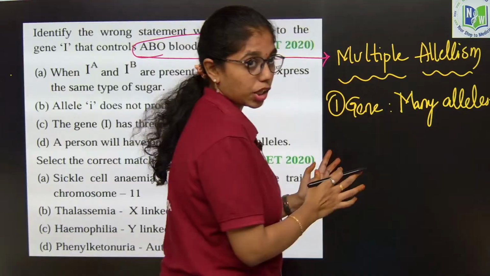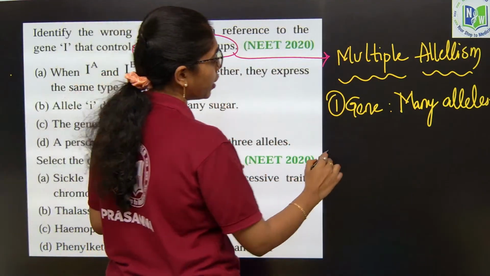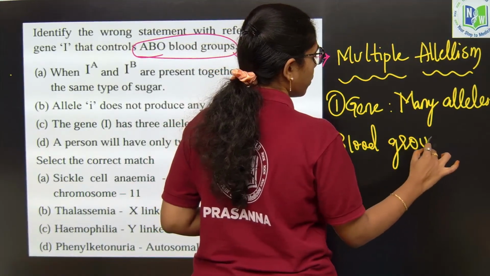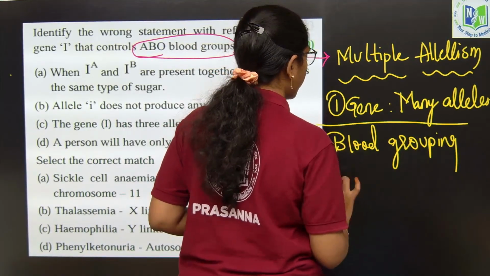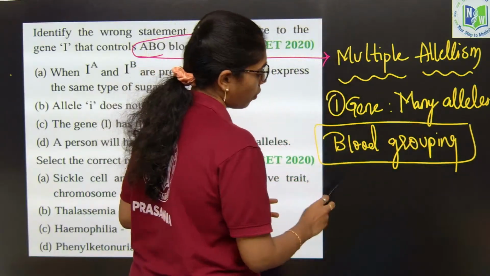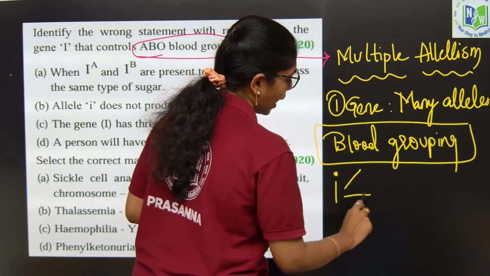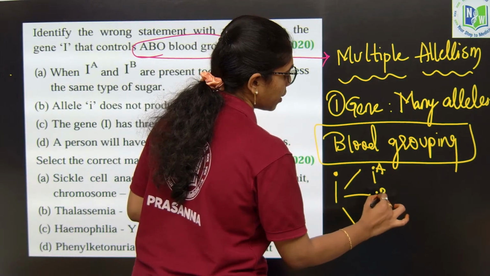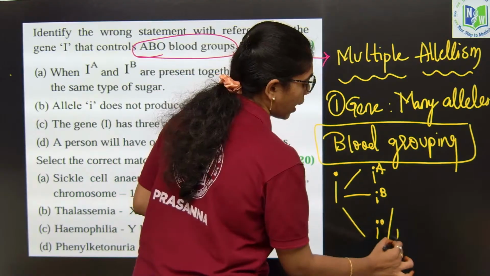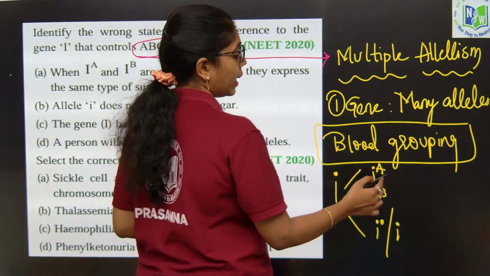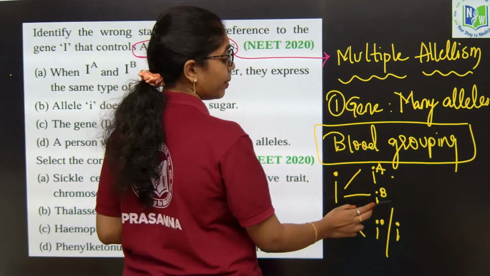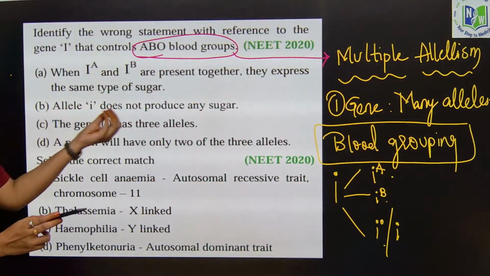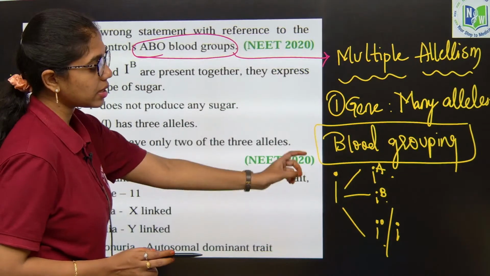Fine. As such, to control the blood grouping character, the I gene will have three alleles. One is IA, second is IB, third is IO. IA codes for A blood grouping, IB for B blood grouping, and IO for O. So these are the multiple alleles for one gene.